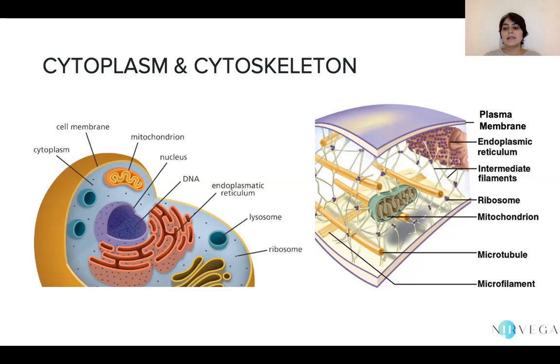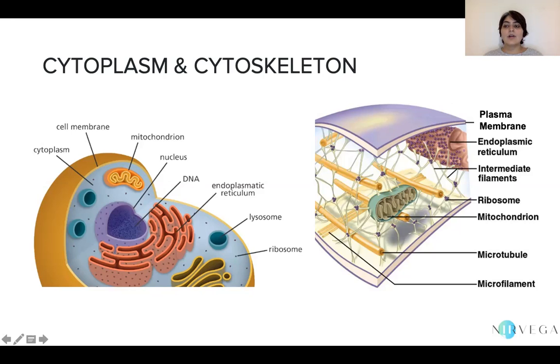These fibers are basically microfilaments that you see here, which are thin structures, and microtubules, which are like tubular hollow structures. Together, microfilaments and microtubules form this sort of meshwork which helps to hold the cell organelles in place.